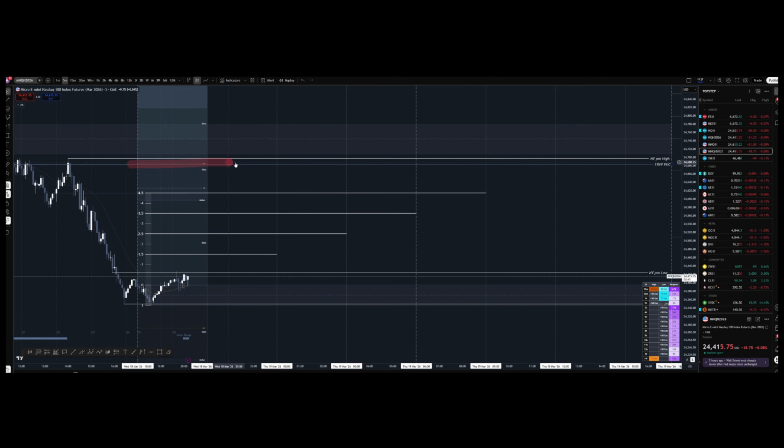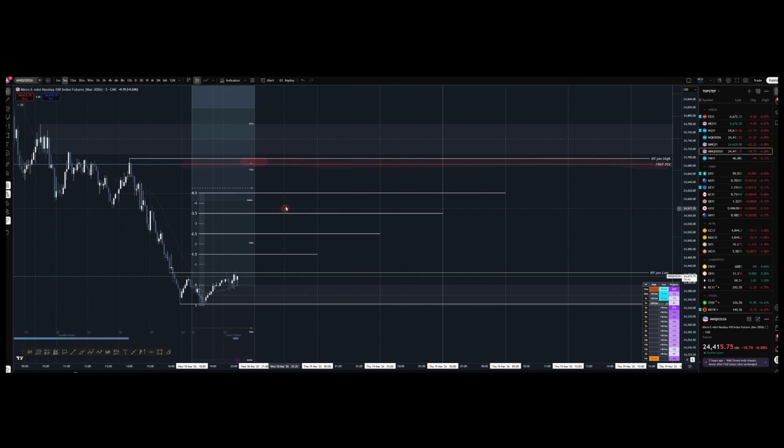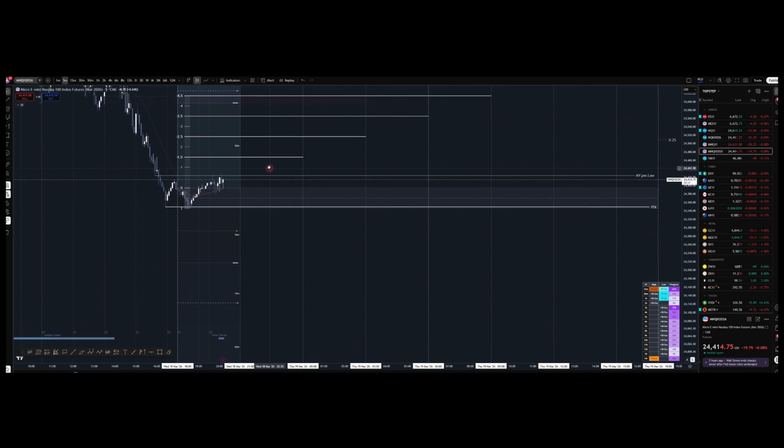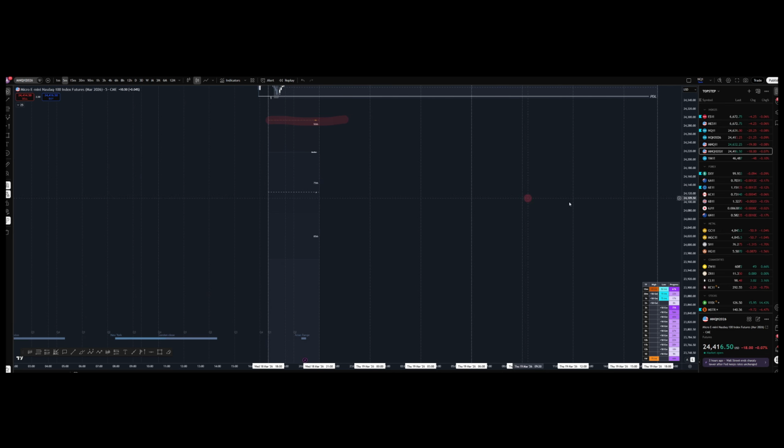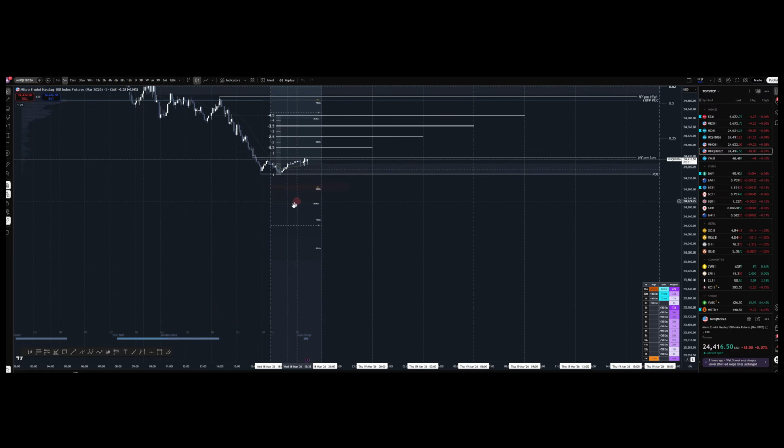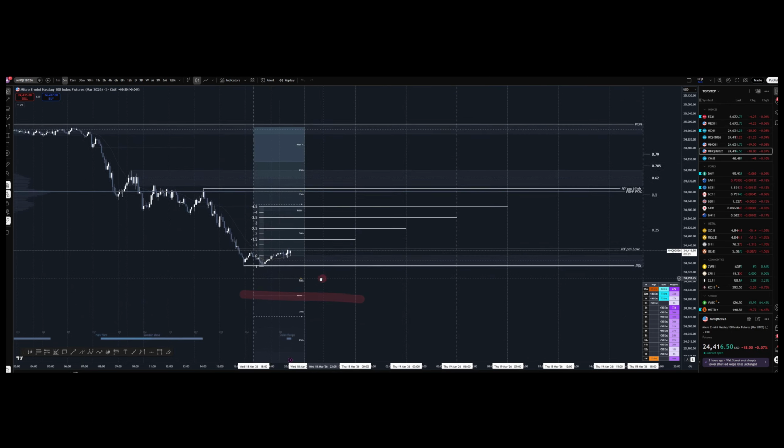So we've got our mode here, right at that FRVP POC. Our median on the 12 hour is here, up at SD4, 4.5. External mode down here. And external median down here.